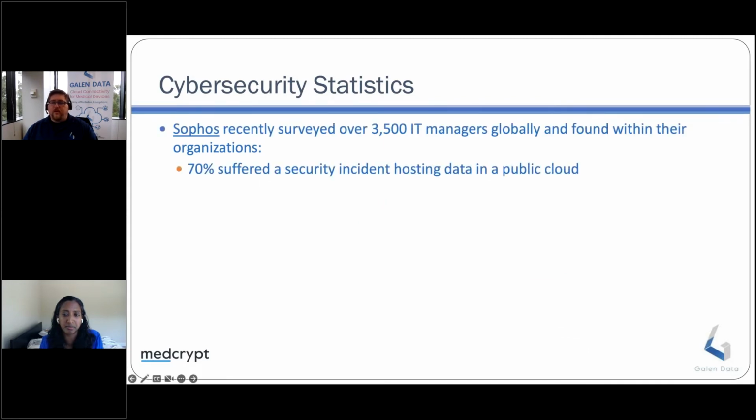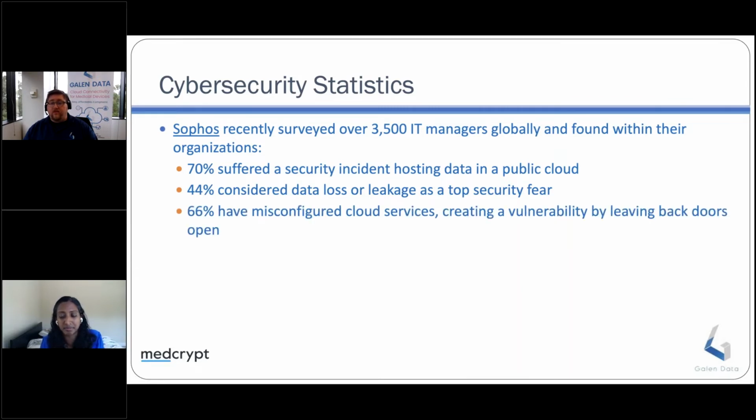Sophos recently surveyed over 3,500 IT managers globally, and they found 70% suffered security incident hosting data in the public cloud. 44% considered data loss or leakage as a top security problem. 66% have misconfigured cloud services, which leaves huge vulnerabilities, particularly with the availability and ubiquity now of cloud services.